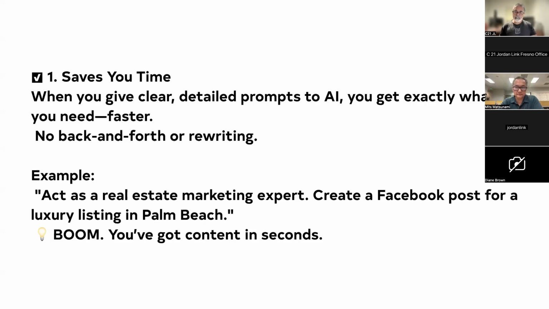If you're going to get into AI learning and prompting to make your life easier, you have to take a little bit of time at the beginning to say, okay, let me learn how to communicate. Let me learn how to ask the right questions. Super important. When you give clear, detailed prompts to AI, you get exactly what you need faster.